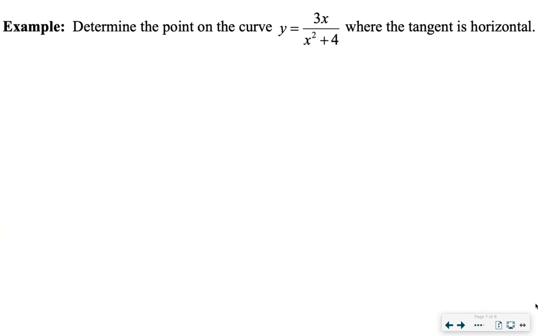All right, next example. Determine the point on the curve y equals 3x over x squared plus 4 where the tangent is horizontal. All right, so remembering tangent horizontal means that we are looking at our y prime being 0.